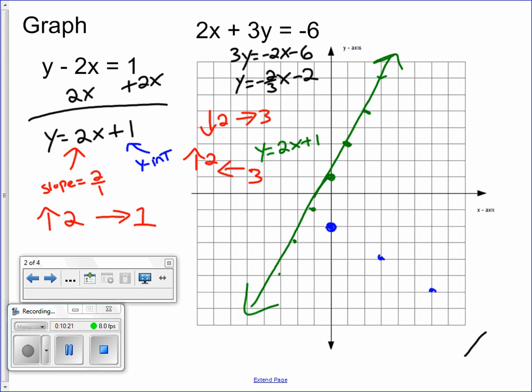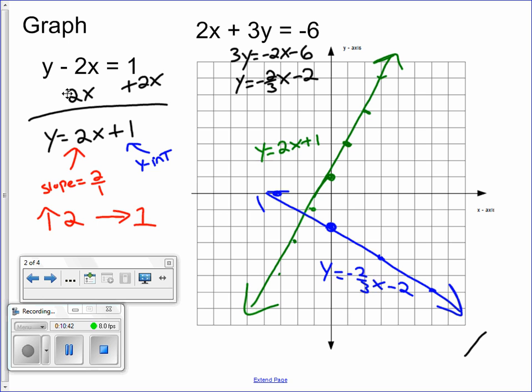If I want to do the other one, I'd go up 2, left 3. And I get to there. So either way, I follow along the line. And that's the line y equals negative 2/3 x minus 2. There's graphing the line.